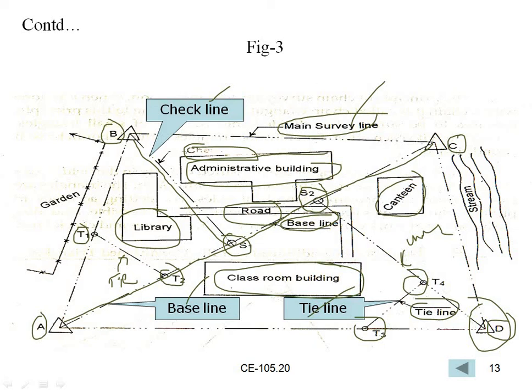The baseline is connected between the main survey line points. And the tie line is connected between the check line and baseline. So these are the lines.